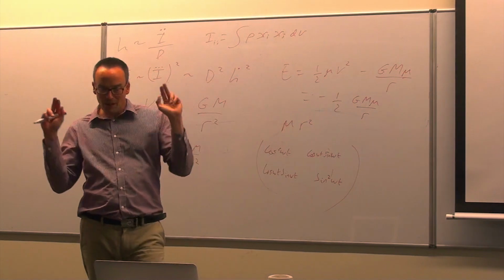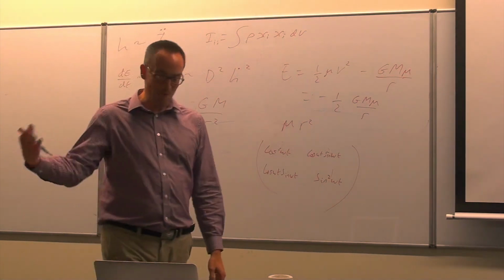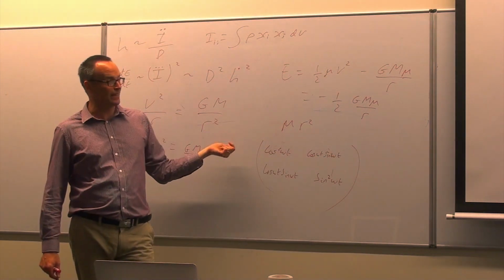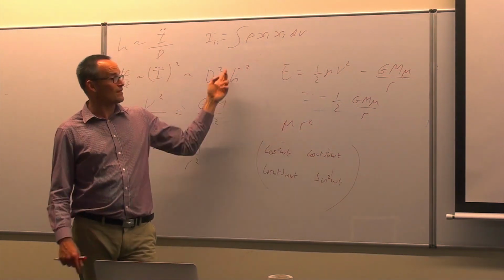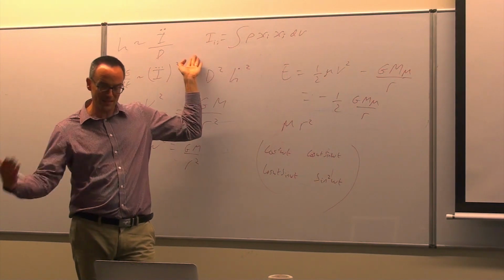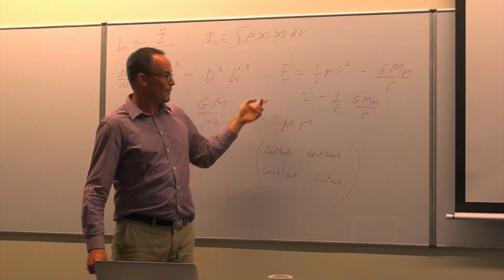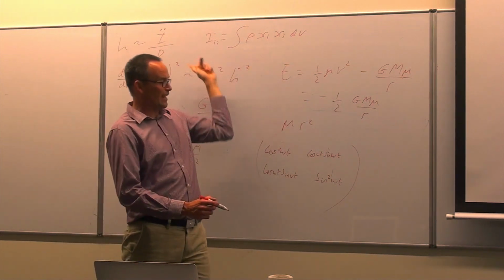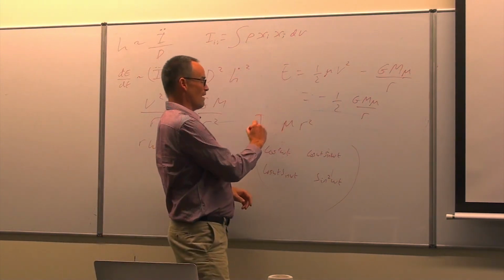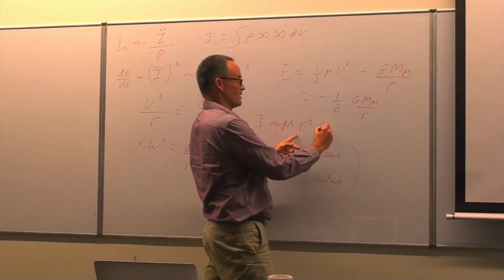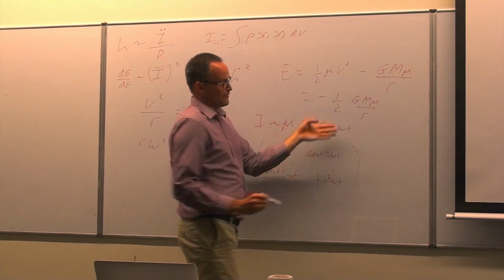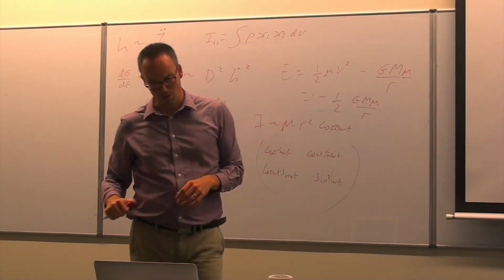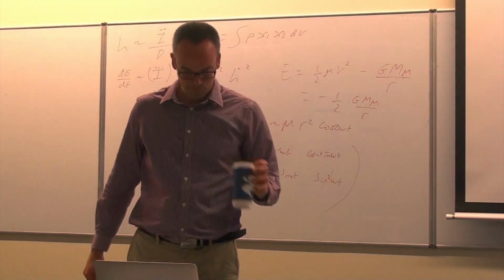So you have an h plus that is varying like cos 2 omega t, and an h cross that's going like sine 2 omega t. So the first thing that tells you is that the gravitational waves come out at twice the orbital frequency, and in terms of the scaling, I goes like mu r squared times cos 2 omega t, or the real part of e to the 2i omega t.